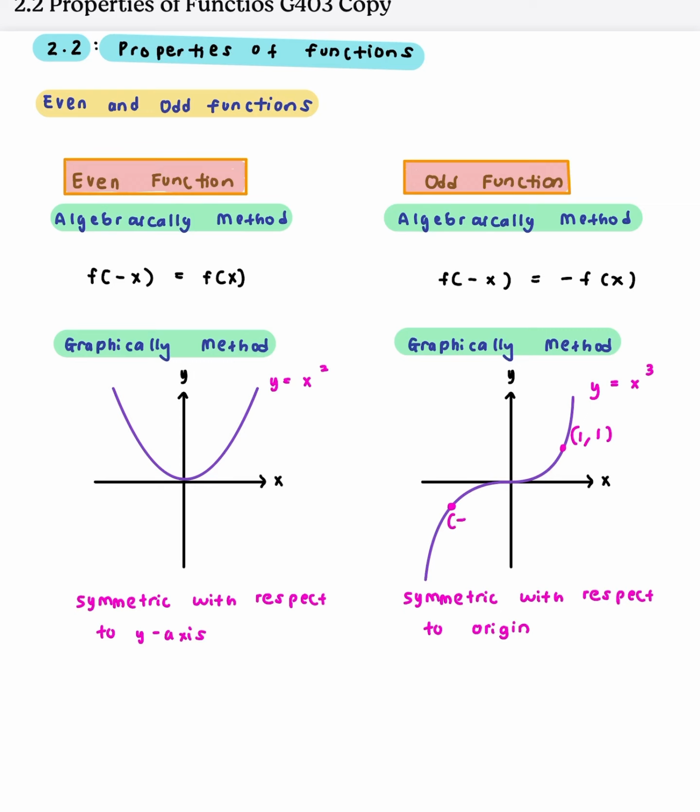Let's say your x is negative 1, your y is negative 1 cubed, which is also negative 1. So you will have the opposite sign of positive and negative, which is this one is (1, 1), and then if symmetric with respect to the origin, your point will become (-1, -1).